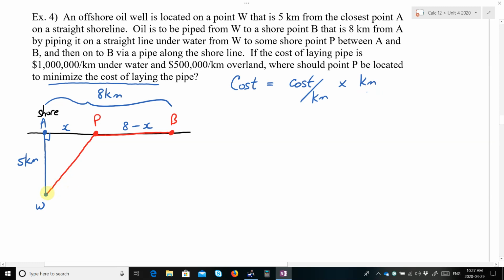And so the oil is piped from W to P. This distance here, D squared equals X squared plus 5 squared, so the D would be the square root of X squared plus 25. Okay, and so this is the distance under the water, and the distance the oil is piped along the shore is equal to this 8 minus X.